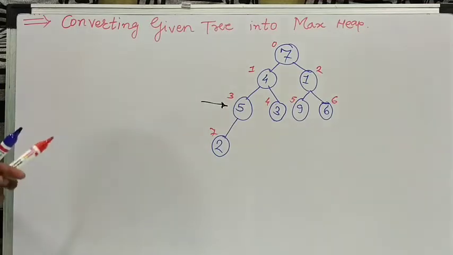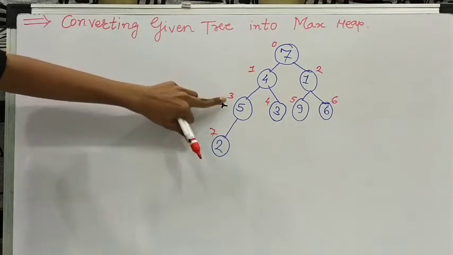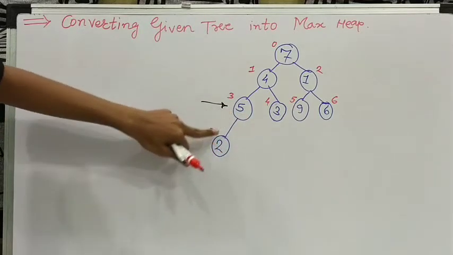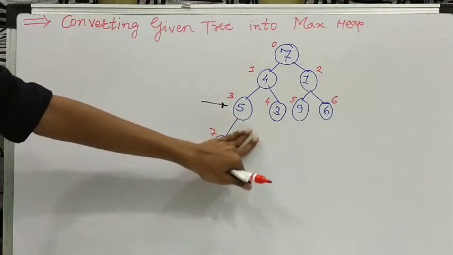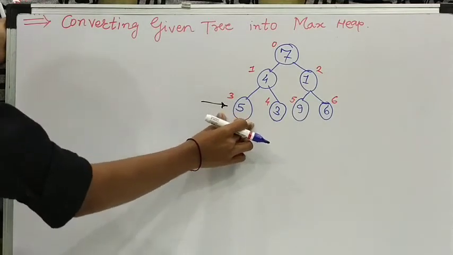You have to compare this value at index 3 with its left child. 5 is greater than 2, so we are not going to swap. Now check the right child. It does not have a right child, so we are done with it.